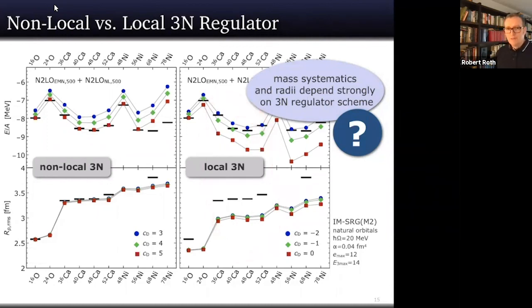But they are really very carefully crafted from the point of view of chiral EFT. So you really want to understand where this difference comes from. Formally, the semi-local stuff might be superior. So from the basic wisdom of chiral EFT, you might want to prefer these local or semi-local regulators. But we don't understand why this difference is here. And this is something we are really trying to find out now.